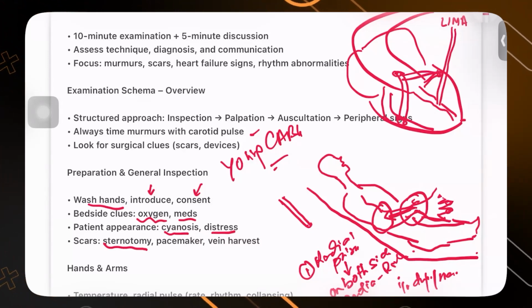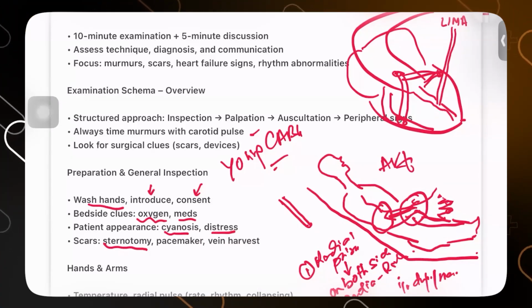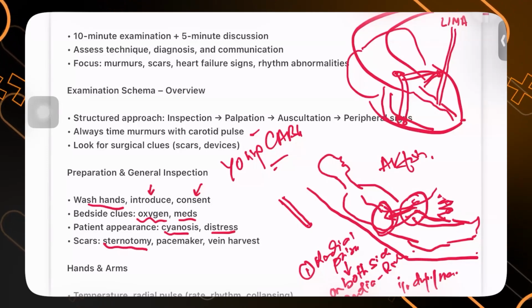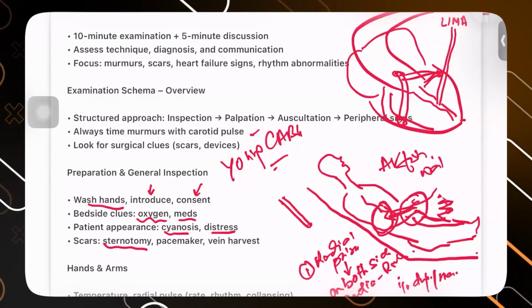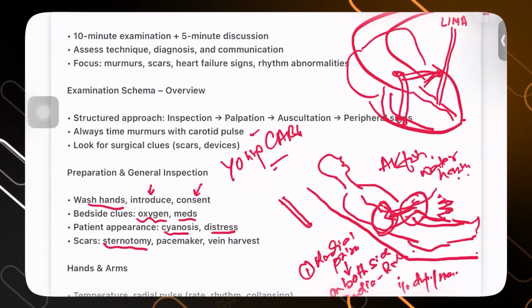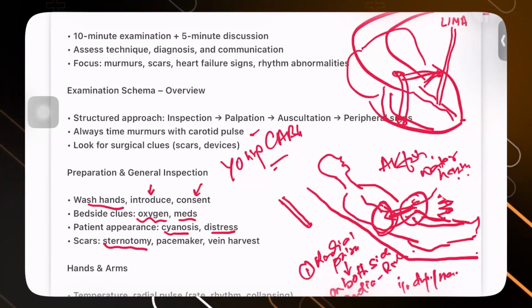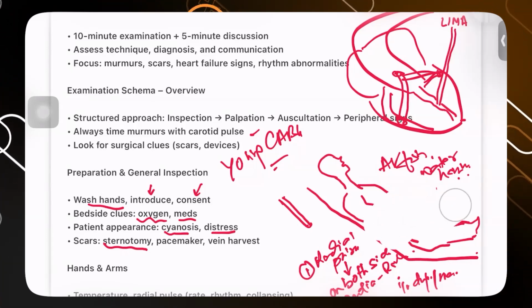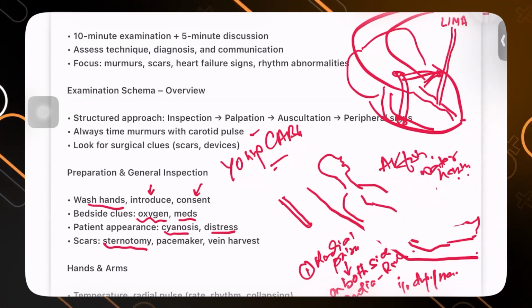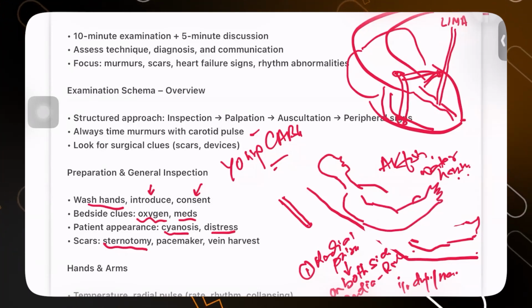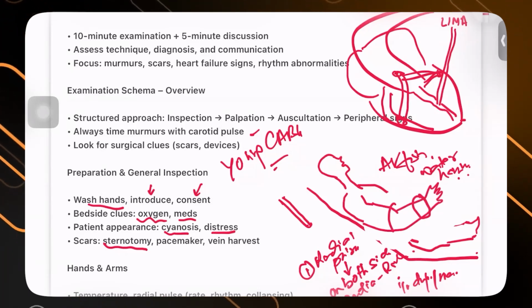So alongside, you of course can check for AV fistula. You rightly said that. And here you check for the water hammer pulse. Water hammer pulse is that you place one hand here and one hand here.